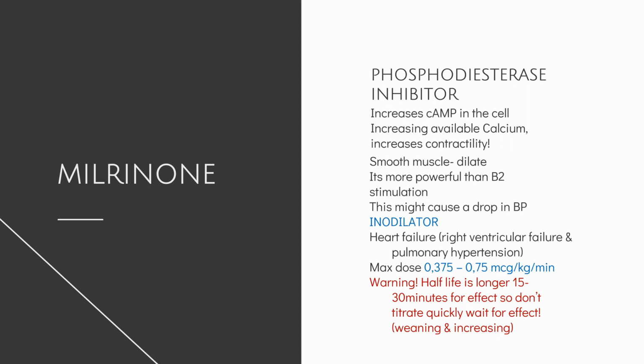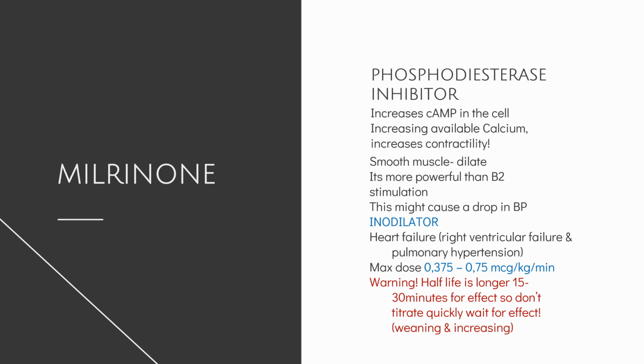On the smooth muscle side, it does dilate, and it's much more powerful than the beta-2 dilation that we have from our other drugs. It might cause a drop in BP because of this, but it's very, very good for pulmonary hypertension and right ventricular failure.